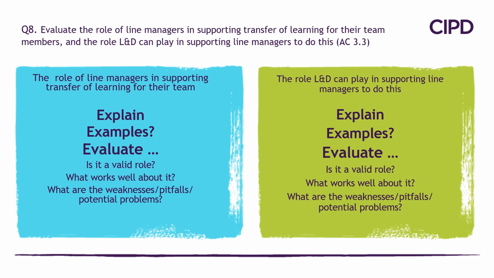Is it a valid role for a line manager? What's good about it? What could work well? What could be the pitfalls of the line manager having a role in supporting transfer? So remember that command verb, evaluate. So it's not just about explaining the role, you should also evaluate the role of line managers. Is it an important role?